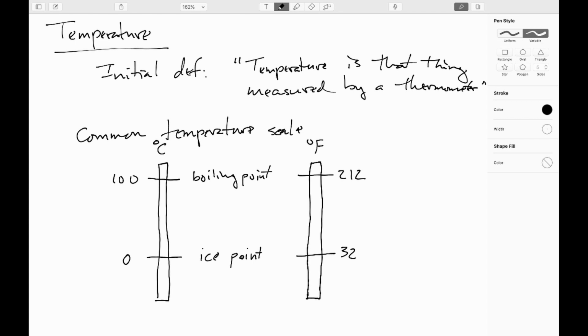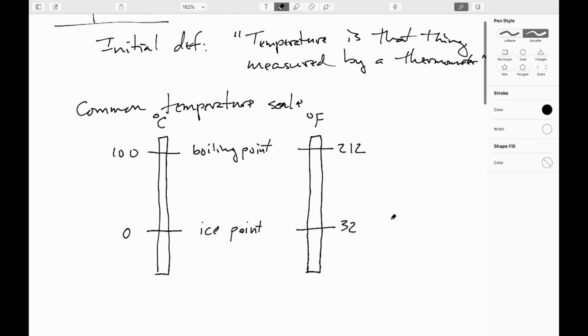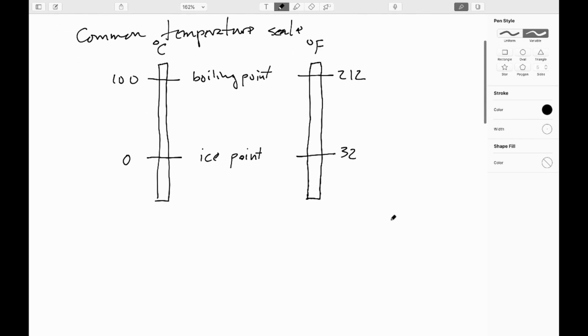Now, should you find yourself needing to convert between readings on the scale, one thing that you have to be careful about is that when you have a temperature reading, at least the old school way of doing things is you put the degree sign in front of the C or the F. If the degree sign is in front, that means that is the actual reading that you are reading off the thermometer.